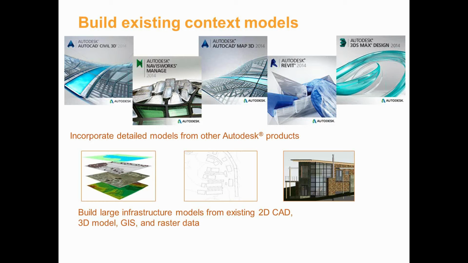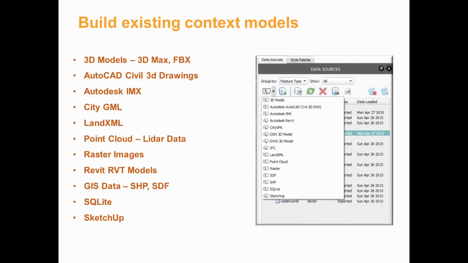And so besides that, you're also going to be able to receive all of your data that you've collected on your own. So GIS data, 3D models, 2D models, any kind of raster data, that's all going to be available to you as well. So here's the primary connection types that you can connect to. So you have 3D models, which are going to be your 3D Max, your FBXs, OBJs, that sort of thing.